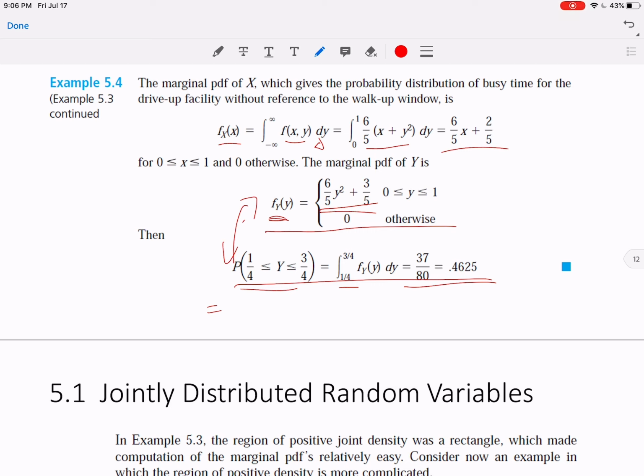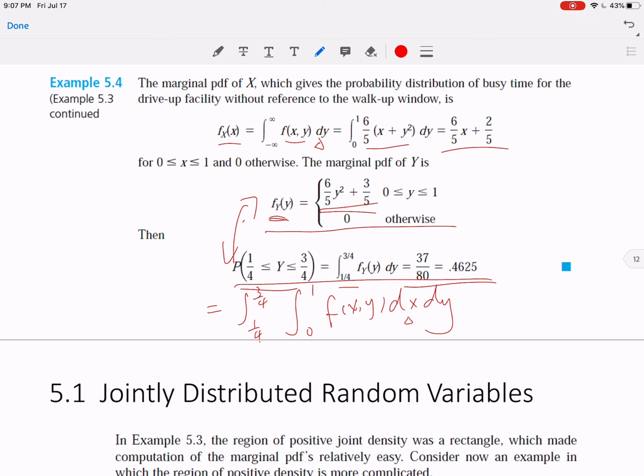So basically, we put the integration of y outside, from 1/4 to 3/4, and since x could be any number, the interval of x is from 0 to 1, and then f of x, y, and then dx dy. The reason we put the dx inside is because the interval of x is inside here.